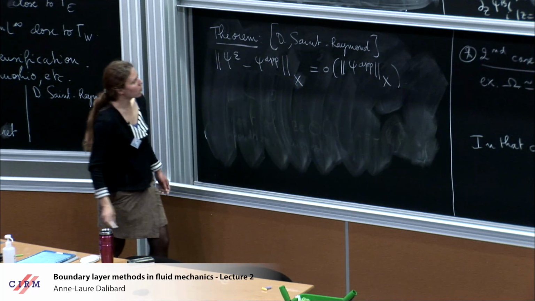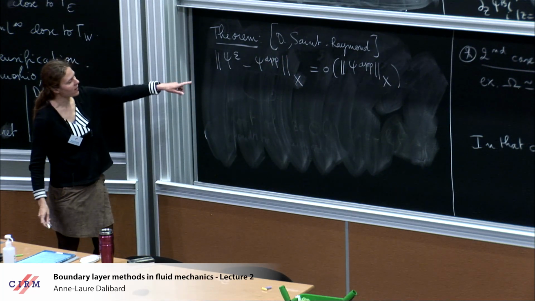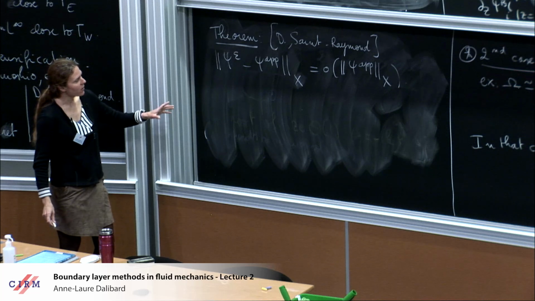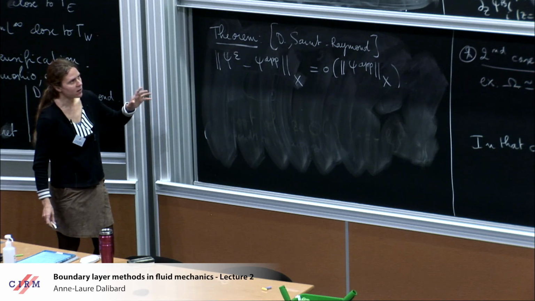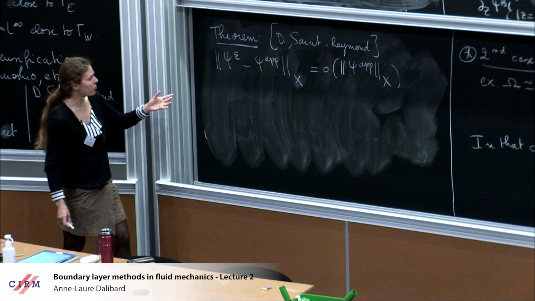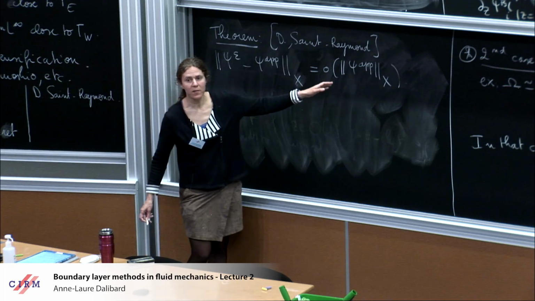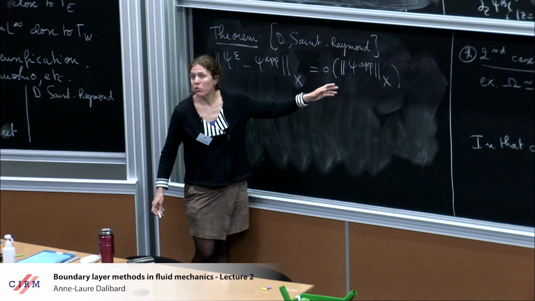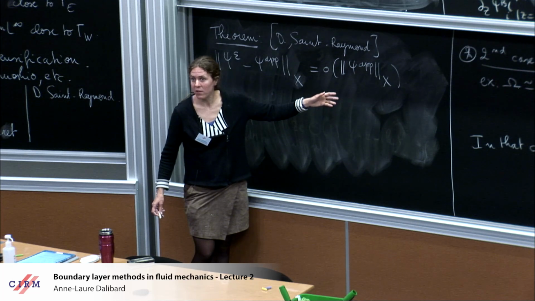It is small. So why am I writing it like this? The important thing is that here things are so singular that you don't always prove that the difference is small. But actually, you don't care. This is not what is important.